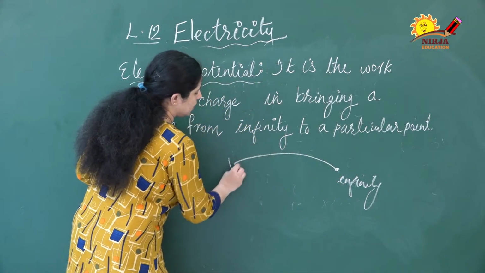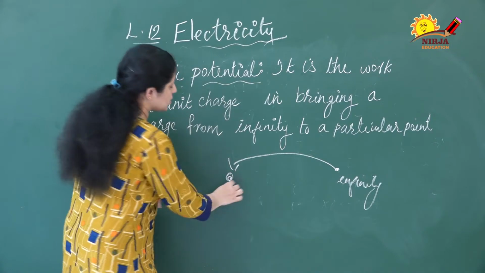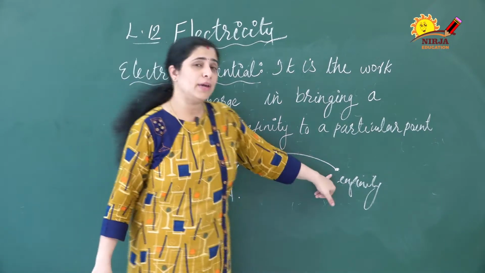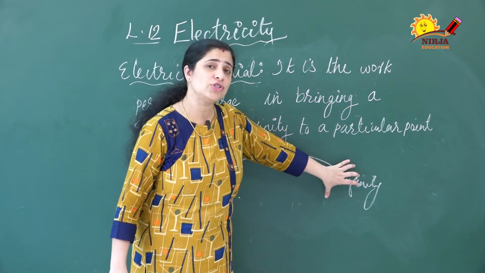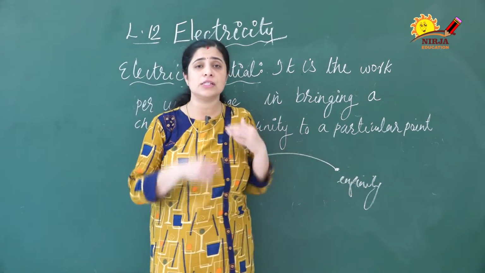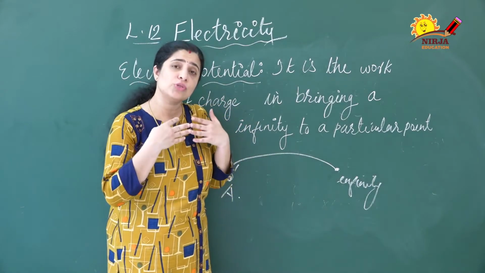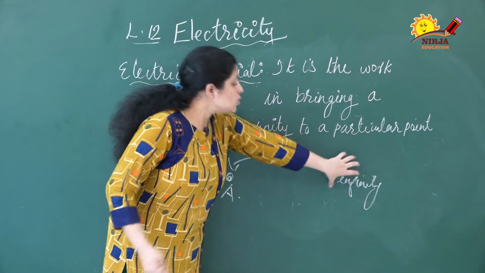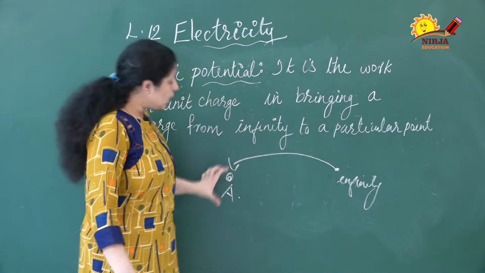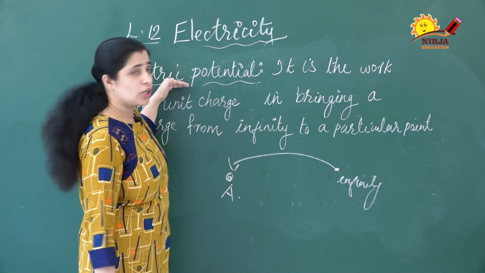This is the point where I need the movement of this charge. Suppose this point is A. So I have to move the charge from infinity to A. We have to apply some force, or utilize some energy, or do some work to move this charge from infinity to this point A. So this work is known as electric potential.